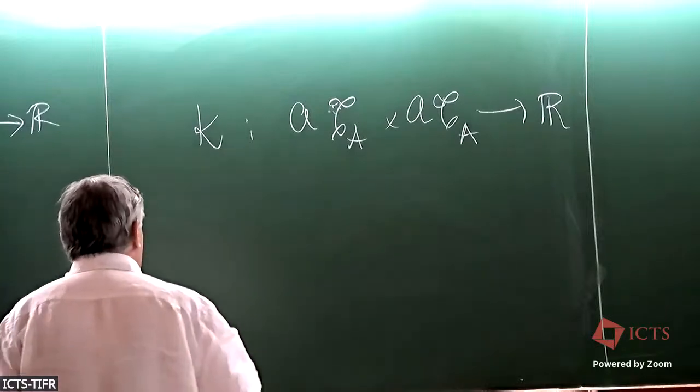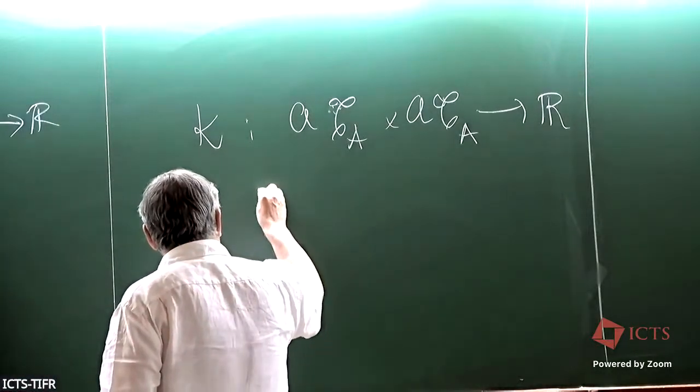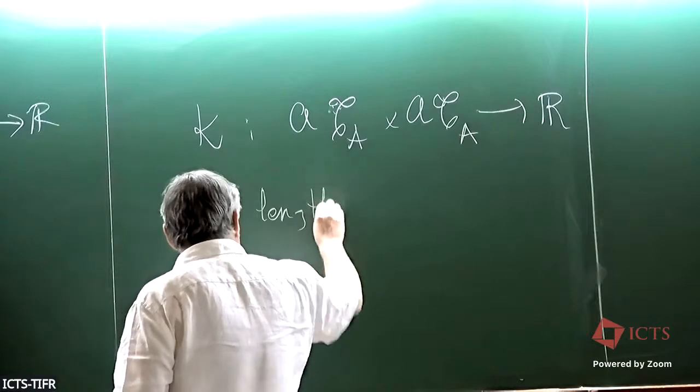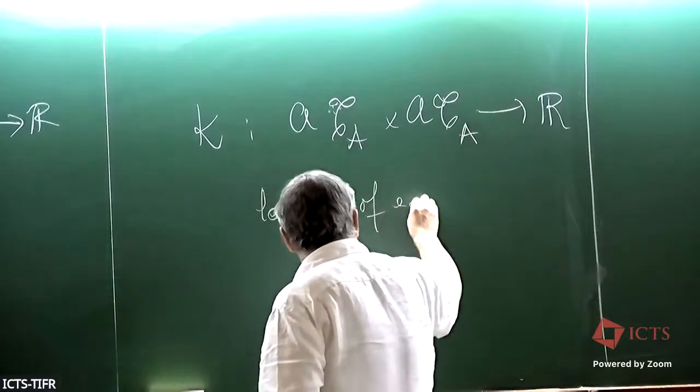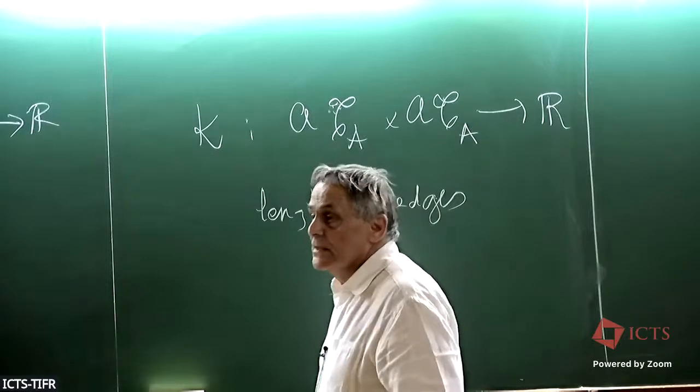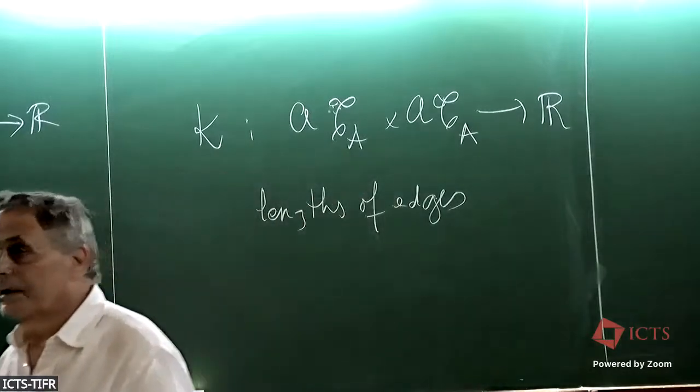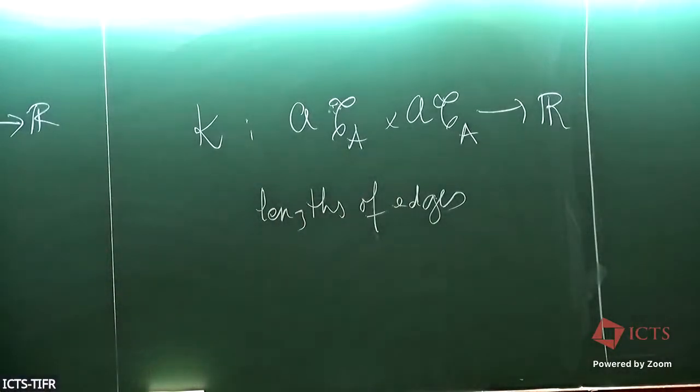I want to compare the length of edges, right? And then it turns out that this is not sufficient. So I take the length of the altitudes. 1, 2, 3. I have the corresponding altitude here.